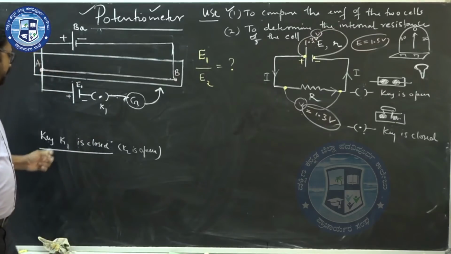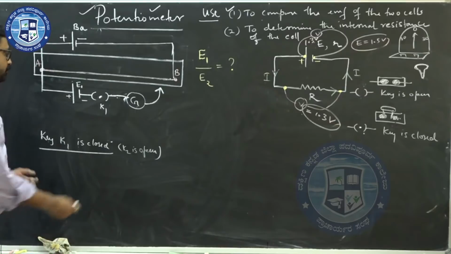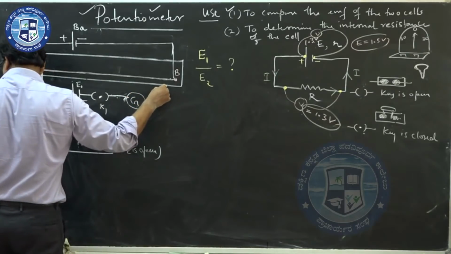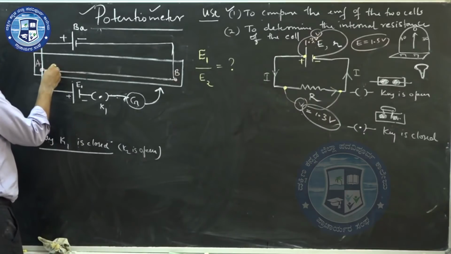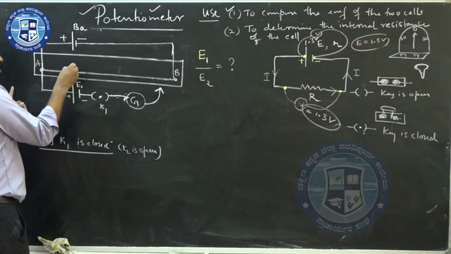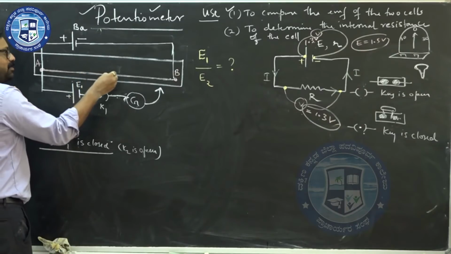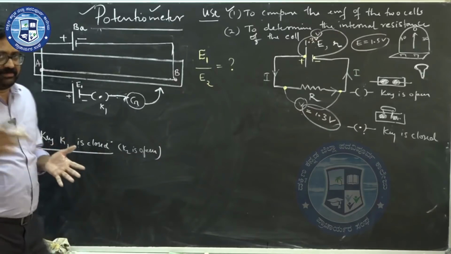Okay, K1 is closed, K2 is open. Now what are you supposed to do? Take this sliding contact, keep it in contact with the wire near end A, and the pointer in the galvanometer shows deflection to one side. Then keep on moving the sliding contact in contact with the wire. I told you, better not to slide.